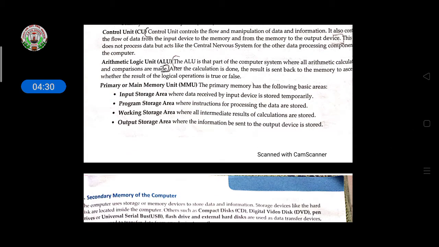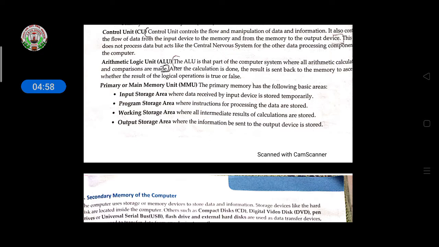Then the primary or main memory unit. The primary memory has the following basic areas. First is the input storage area, where data received by the input units is stored temporarily. Then the program storage area, where instructions for processing the data are stored. Then the working storage area, where all intermediate results of calculation are stored.